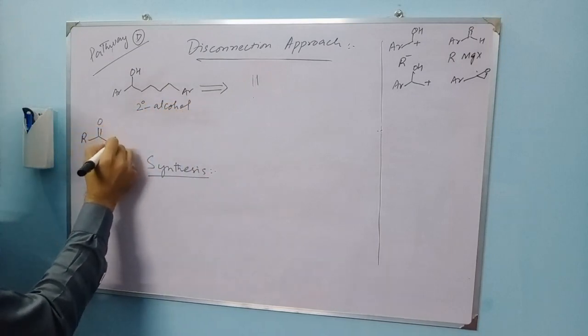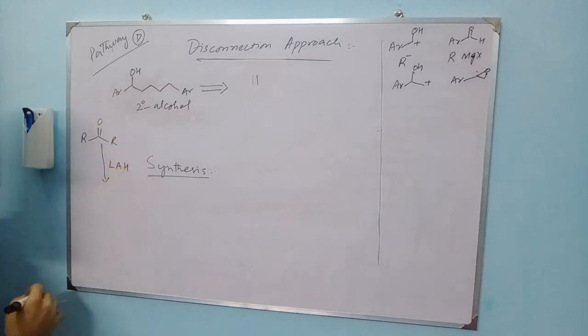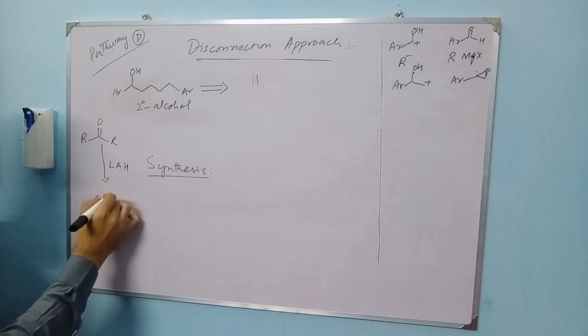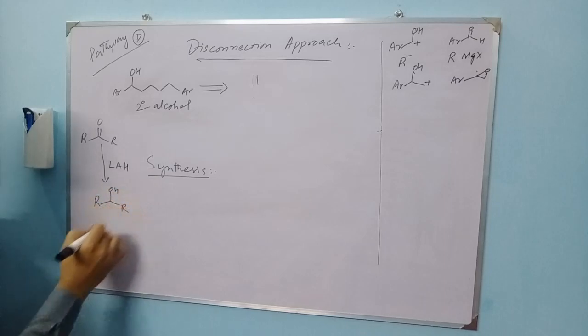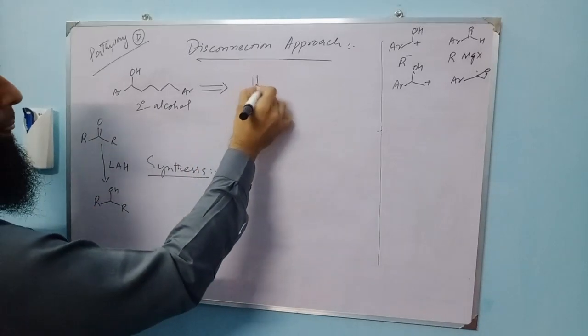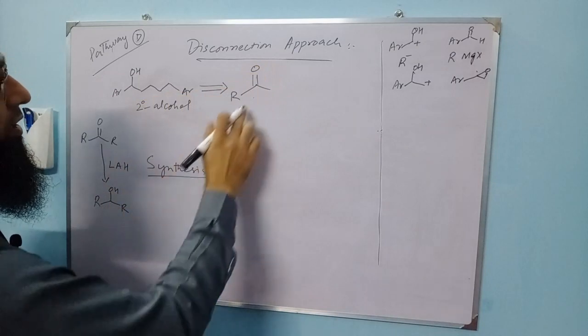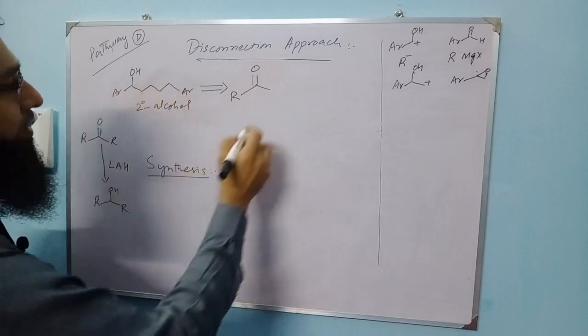If we have a secondary ketone, we can reduce it using lithium aluminium hydride, and we can make a secondary alcohol. Therefore, we can use this concept here as well. We use secondary ketone for this preparation of secondary alcohol.